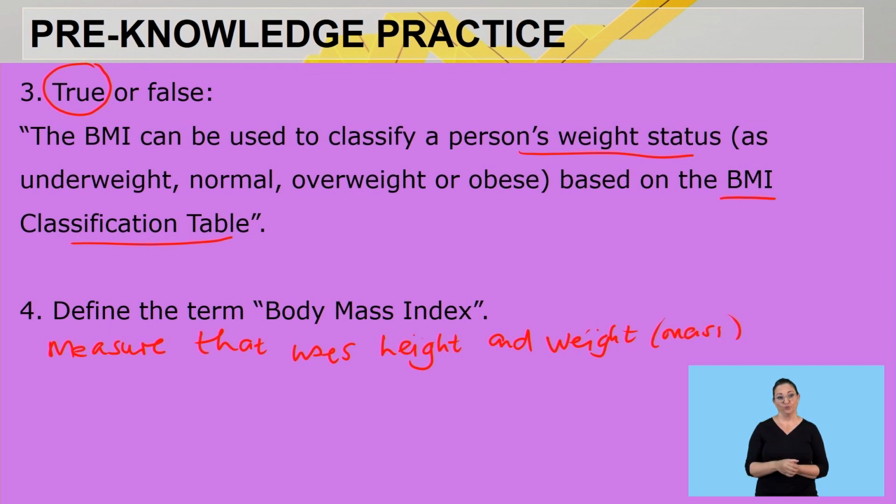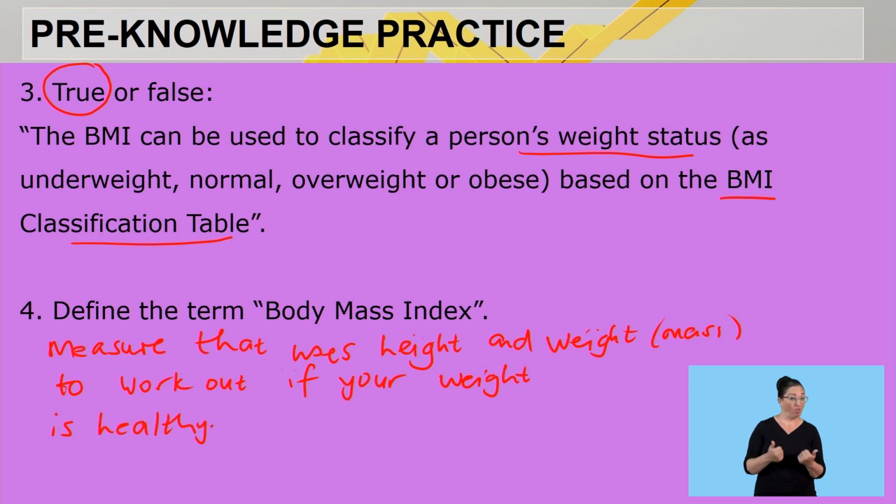To work out if your weight is healthy. Now let me quickly go through the definition again. We are saying BMI is a measure that uses height and weight, or mass for that matter, to work out if your weight is healthy.